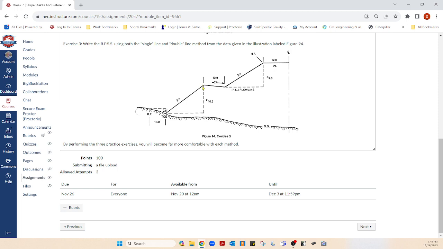Now, what in the world is 10.2 at 2 to 1? Well, it's 20.4. So you want to say fill 10.2 at 20.4. You can say 2 to 1, but you need that horizontal of 20.4, because that's 2 times 10.2.